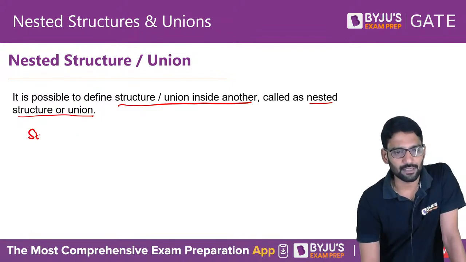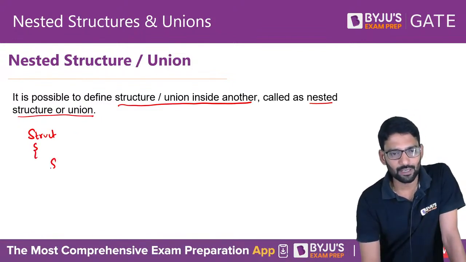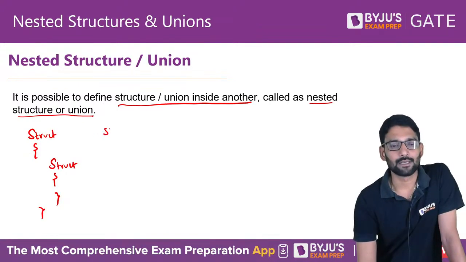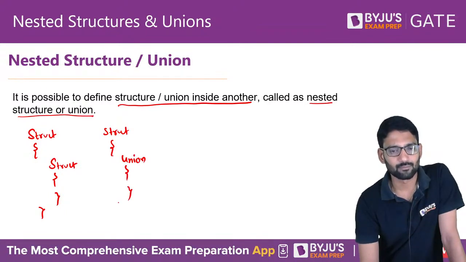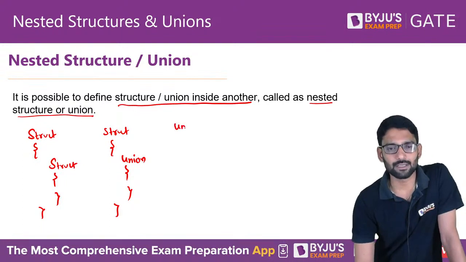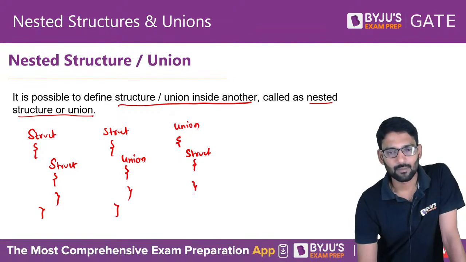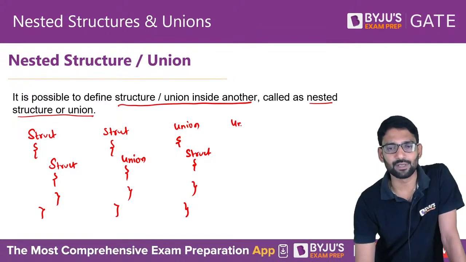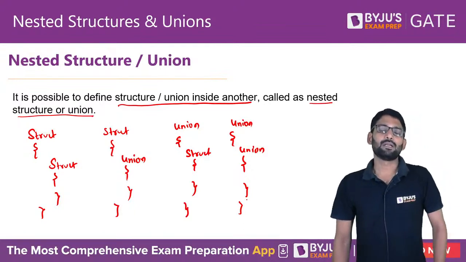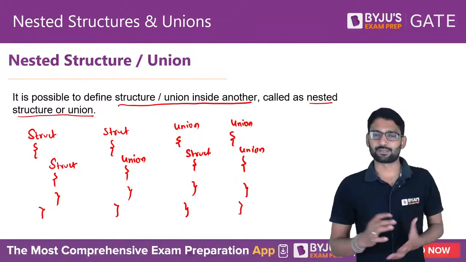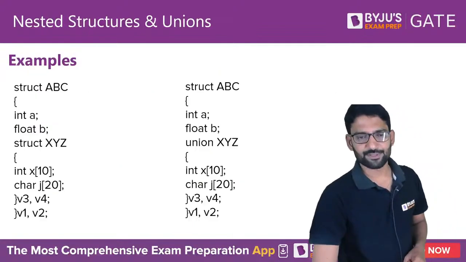That means inside the structure you can have another structure, or inside the structure you can have union, or inside the union you can have structure, or inside the union you can have union. So it is possible to define one in another in all these 4 ways. Let us have an example for this.